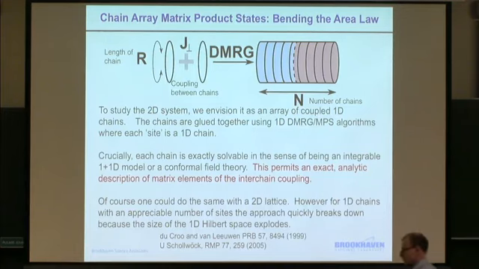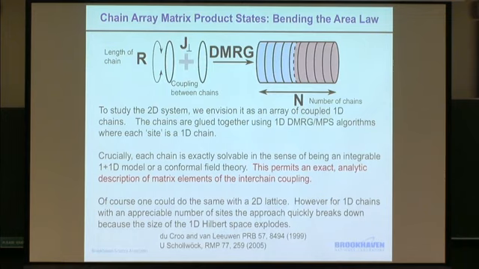One of the advantages of working with analytic representations of each of the chains is that we have analytic expressions for the matrix elements coupling the chains together exactly. So that's another way we import analytic information into the problem. Now, one could imagine doing this with a lattice model, chopping up a 2D lattice model into 1D lattice chains and coupling them together.